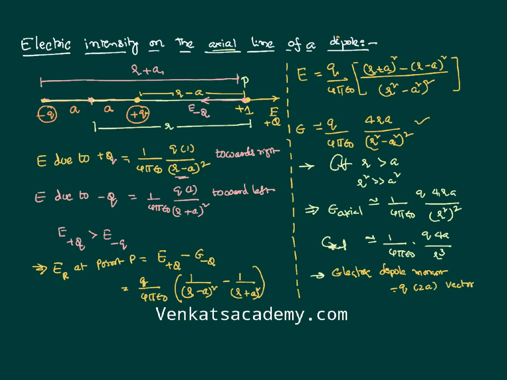It is a vector whose direction is from minus Q to plus Q, and it is shown with the term P. So I can rewrite E axial as 1 by 4 pi epsilon naught times 2 into 2A into Q by R cube. So I can rewrite my equation as 1 by 4 pi epsilon naught times 2P by R cube, which is the regular equation that people consider for the electric intensity on the axial line of a dipole.